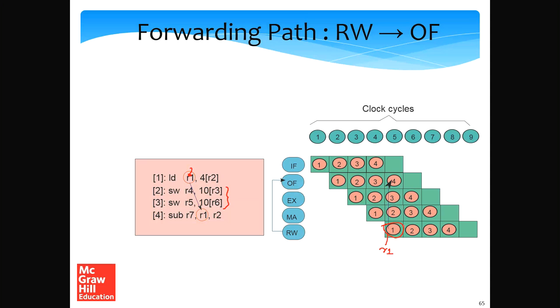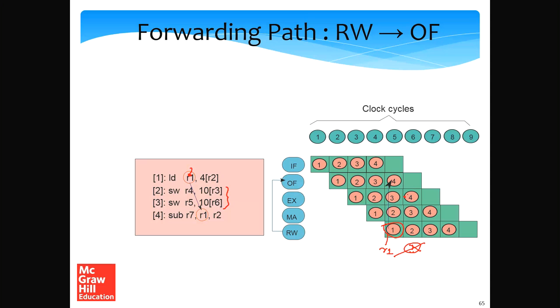If we do not forward, then in the sixth cycle, instruction 1 is out of the pipeline, so it's not in a position to forward. So it is true that in cycle 6, instruction 4 urgently needs the value of R1, but there is nobody to forward it.